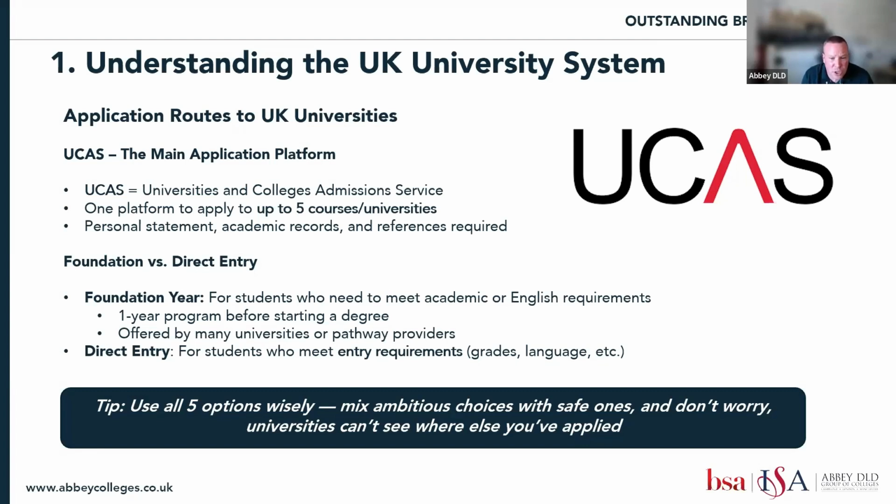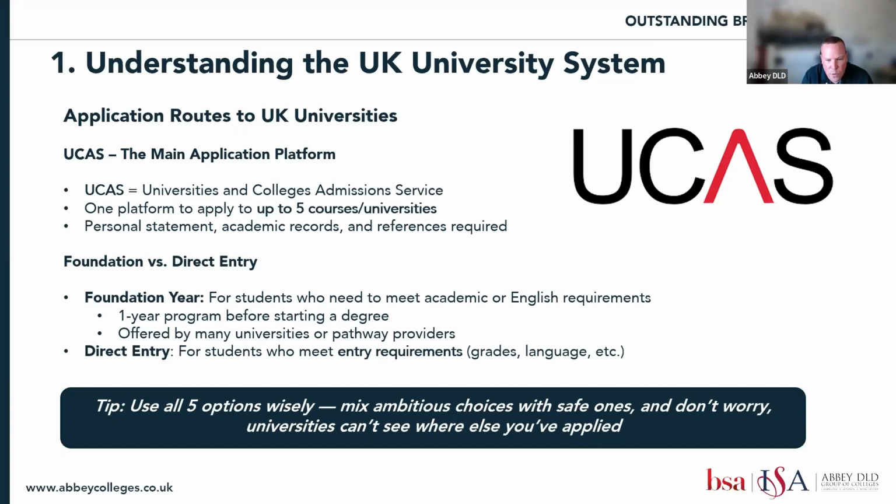But the majority of students, certainly from our point of view, will apply via UCAS because it gives them 5 choices rather than limiting them to one particular university when applying directly or for a particular foundation program. Indeed, our foundation program students will apply through UCAS as well because it gives them a wider choice of courses.